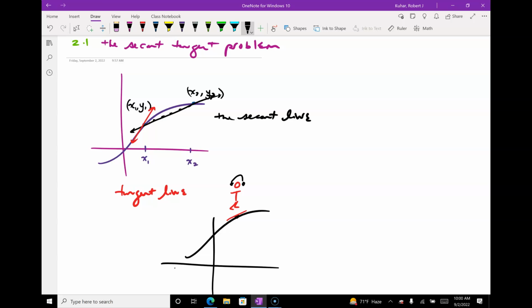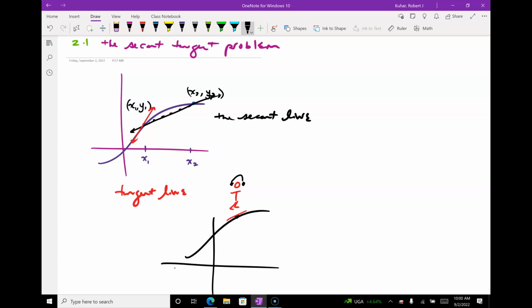No one remembers calculating the slope of the secant line? When I teach pre-calc, I do that in every chapter. Do you remember something called the difference quotient? That's the slope of a secant line, difference quotient.